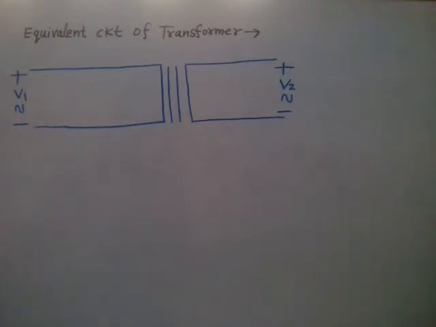So the physical circuit that we have studied, we will convert into its electrical equivalent circuit, and that electrical equivalent circuit will be used for the analysis of all these parameters like efficiency, voltage regulation, losses and all, right?